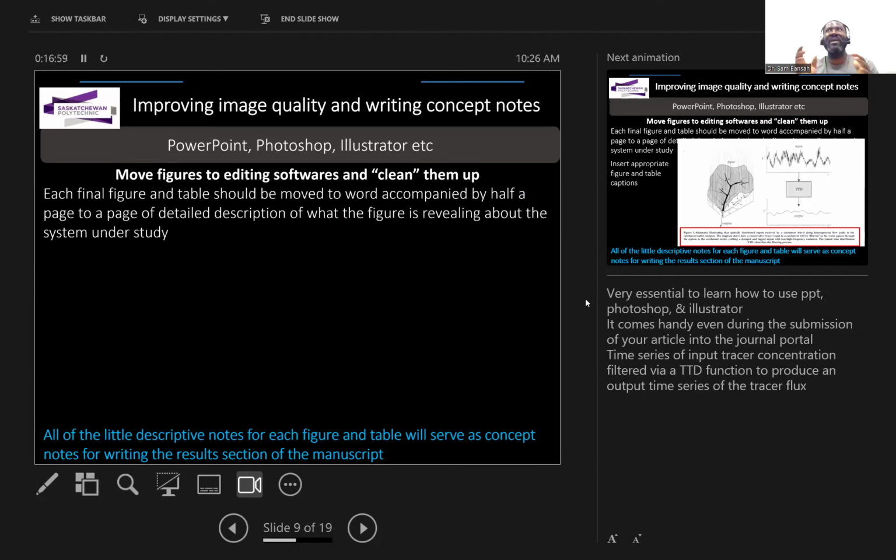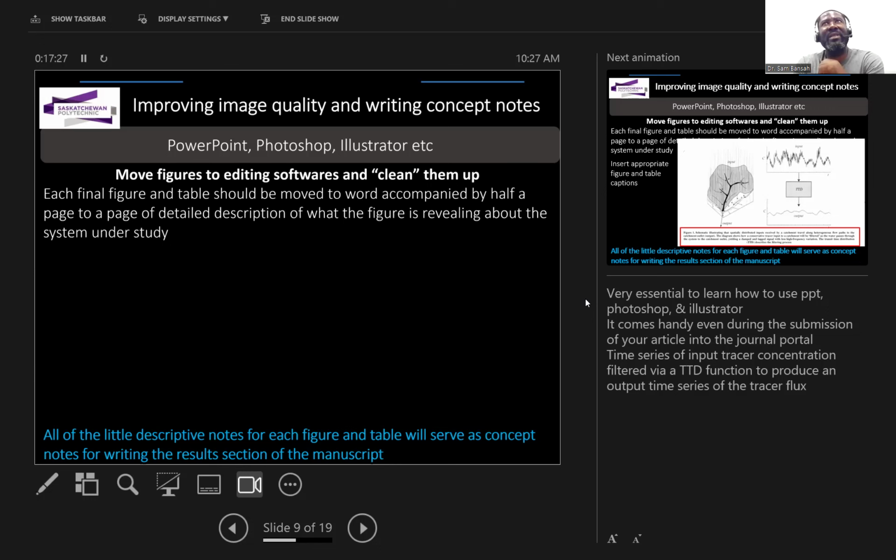Each figure comes to Word, and then what is this figure telling me about the system I'm studying? Very, very detailed. I have half a page up to a page of notes, very descriptive notes that are going to guide me on the path later.